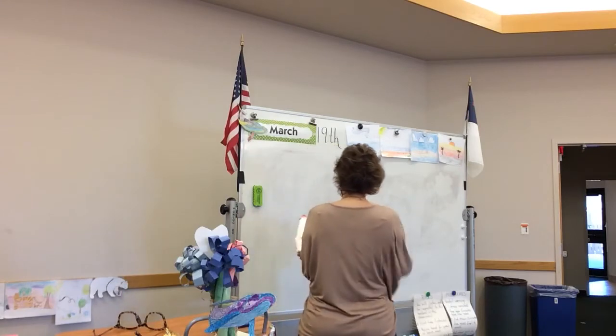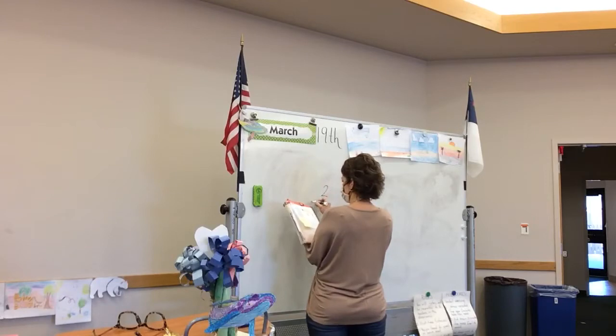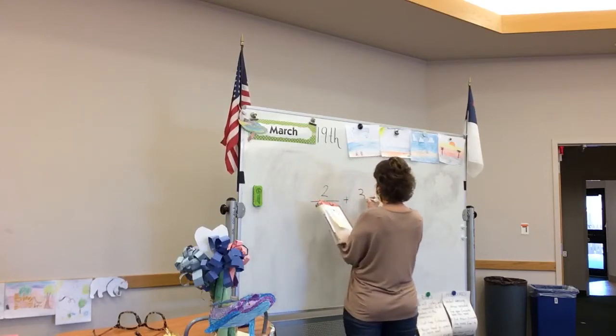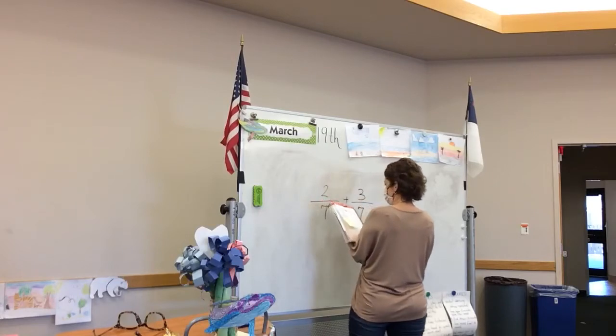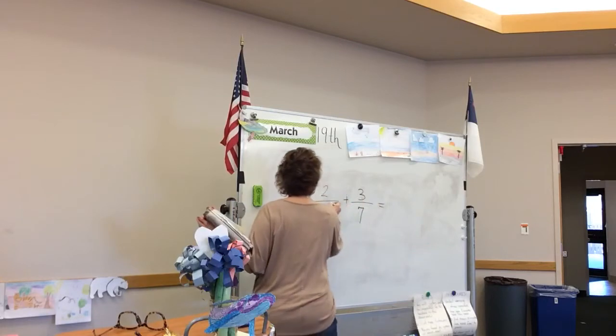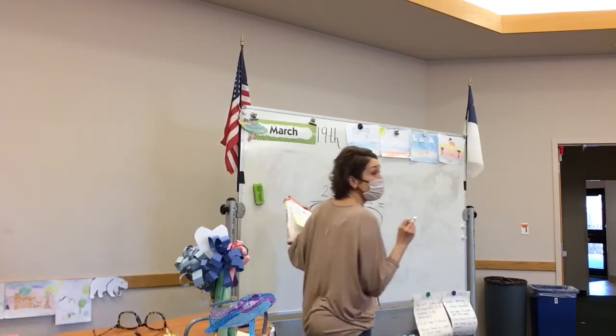So, with our example, we have 2/7 plus 3/7. All right, so are we going to mess around or deal with the sevens? No, we're not.